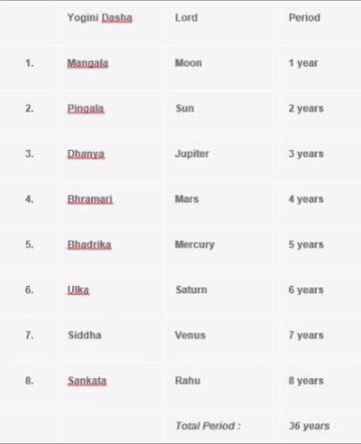So use Vimshottari Dasha only when the birth is at night during the waxing moon, and then use Ashtottari Dasha, which is another dasha system, when the birth is during the day, in periods of a waning moon, and waning moon is Krishna Paksha.